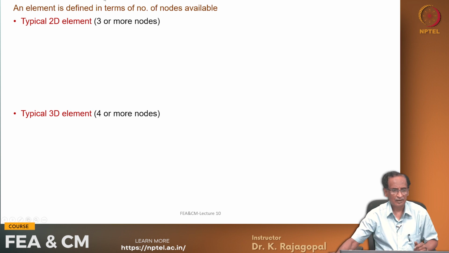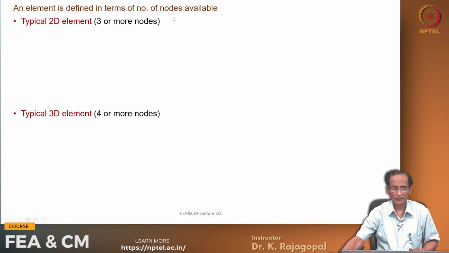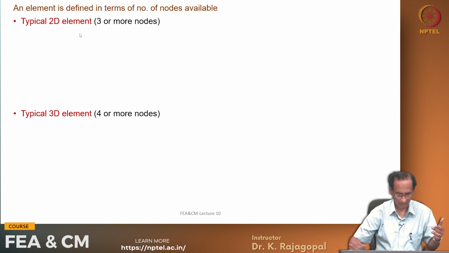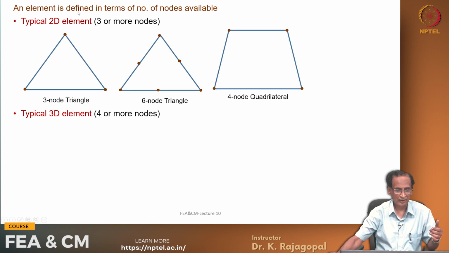An element is defined in terms of the number of nodes within the element, and typically we can have either 2D elements or 3D. For 2-dimensional elements we need a minimum of 3 nodes to define an element like this, a 3-node triangle or a 6-node triangle, and then 4-node quadrilaterals.